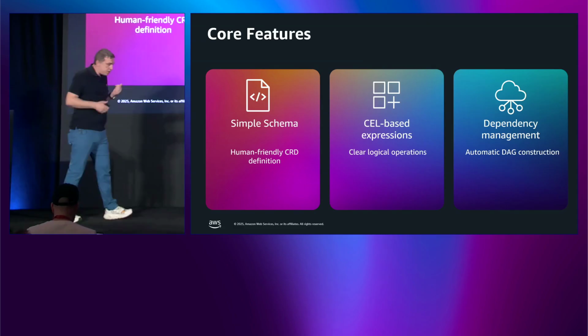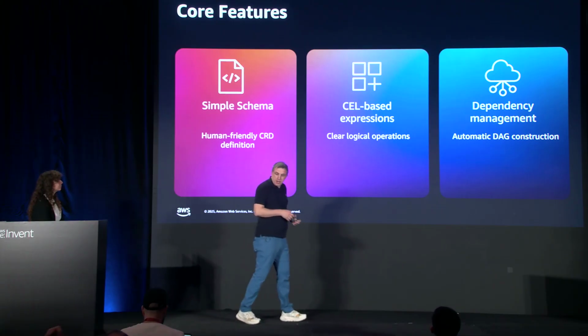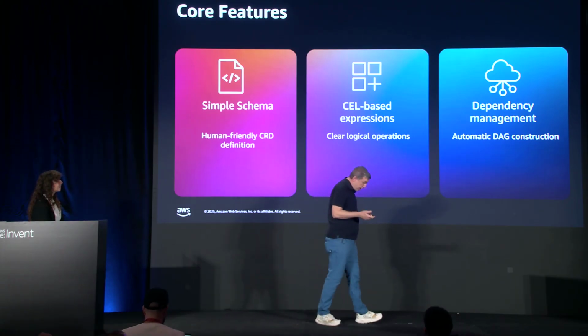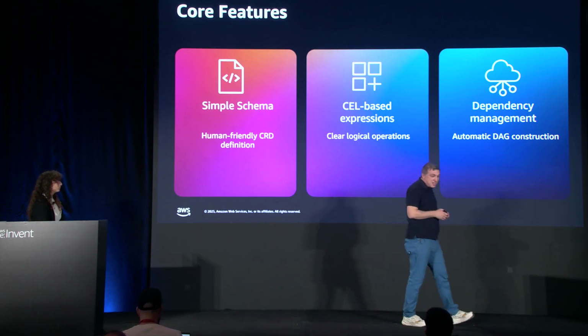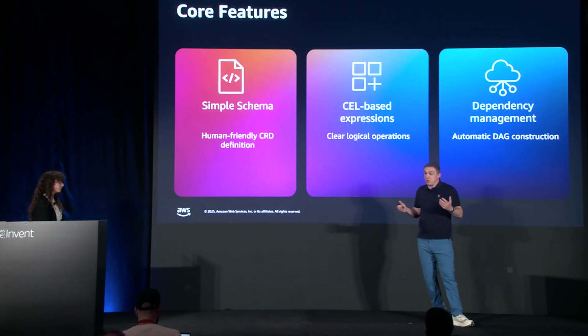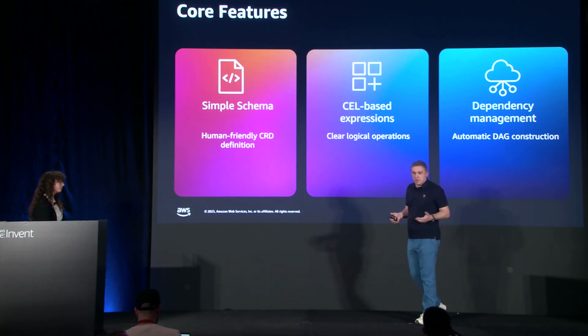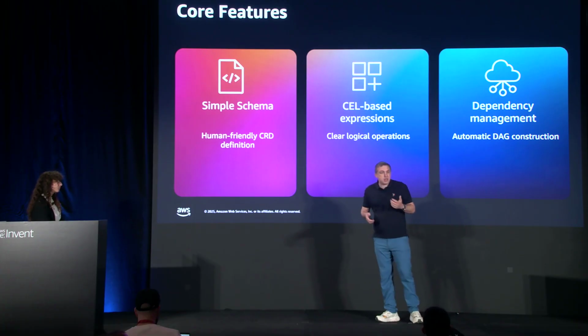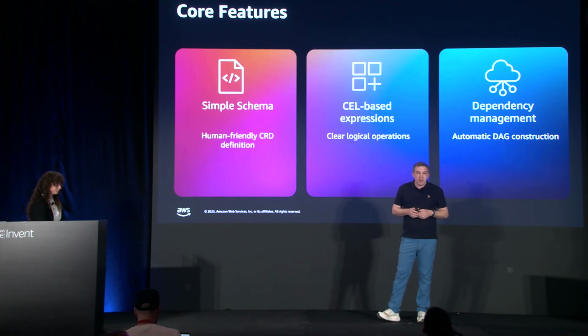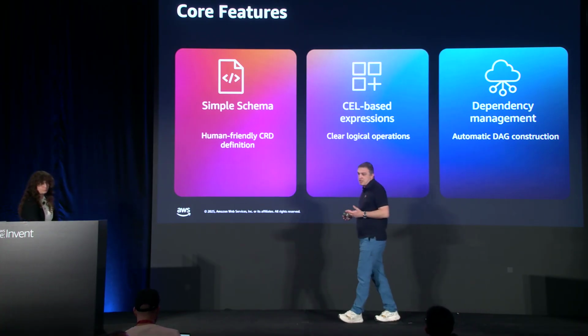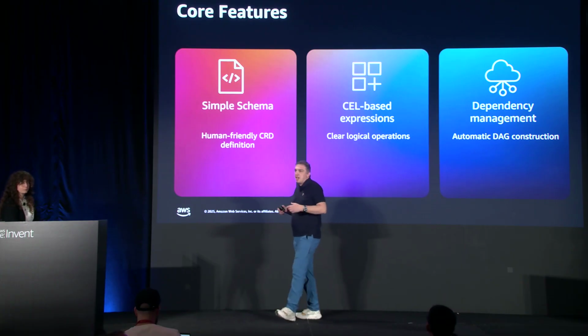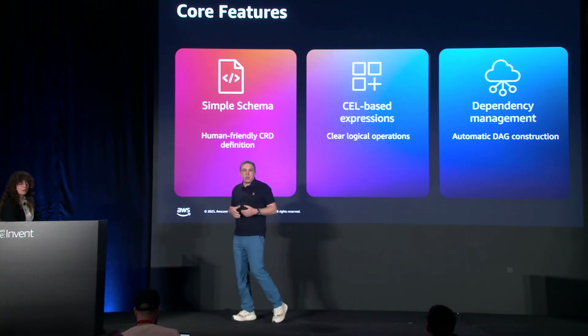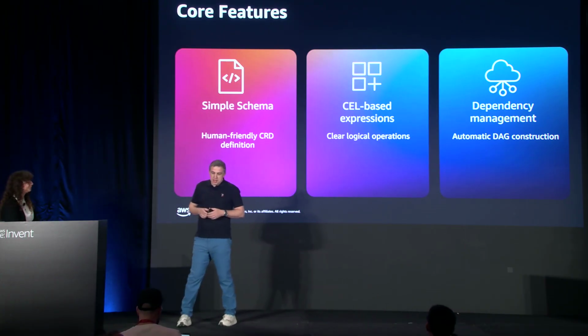And let me tell you about some core features which make it special. At heart, there are three core capabilities. So first of all, Crow provides a really human-friendly and straightforward way to define your CRD spec, your API. Under the hood, it uses a simple schema, and this schema automatically generates OpenAPI v3 schemas.